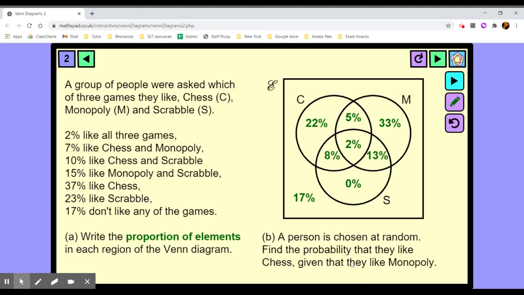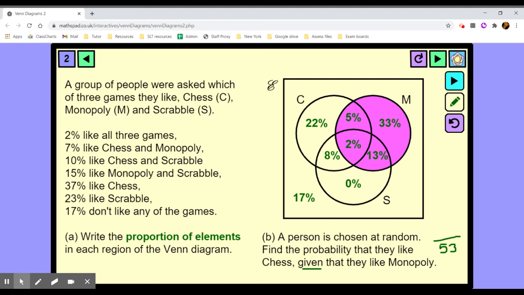However, a person is chosen at random. Find the probability that they like chess given that they like Monopoly, and that's the really important bit again. The given that they like Monopoly means I'm interested in this Monopoly circle, and I can then add up. So my 33 add 13 gives me 46, add 2, 48, add the 5 tells me there are 53 possible percentage points, or if it was people, 53 people at that point.